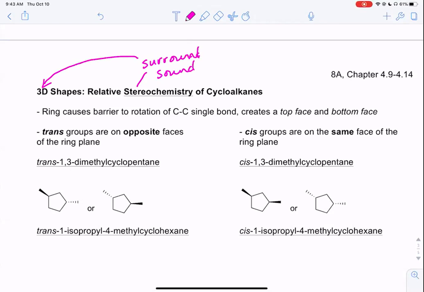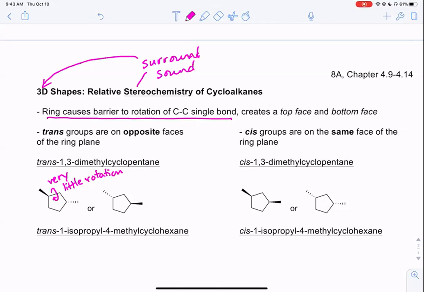So what we did with Newman projections is going to be really different because we don't have single bond rotation. We say there's a barrier to rotation. So we cannot rotate around those bonds. There's very, very little rotation allowed without actually breaking the bonds in the ring. That means that we've created a plane.